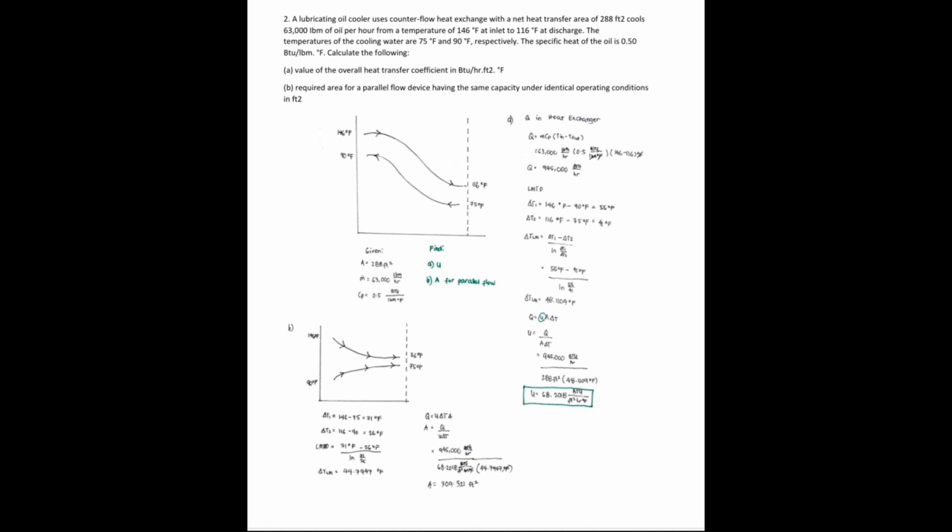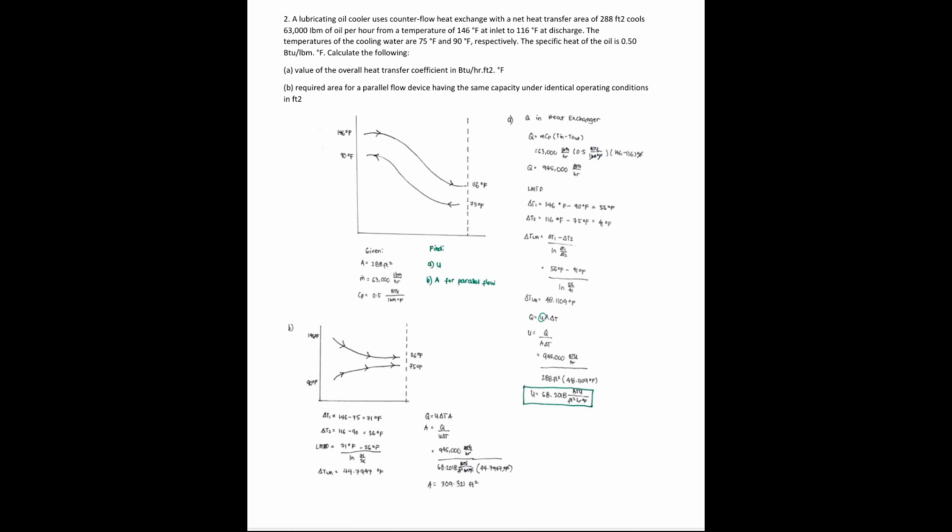So para makuha yun, kunin lang natin yung mass nung lubricating oil. Tapos multiply natin siya sa CP, which is given naman 0.5 BTU per pound mass degree Fahrenheit. Tapos yung temperature difference natin sa heat exchanger or dun sa higher temperature.